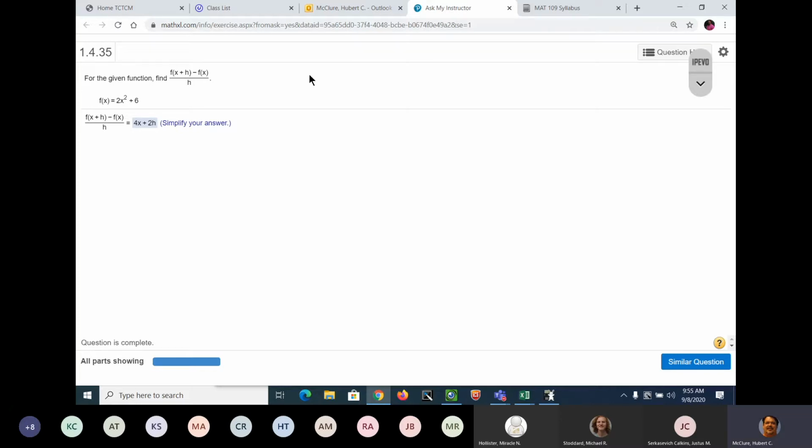So f of x is equal to 2x squared plus 6.